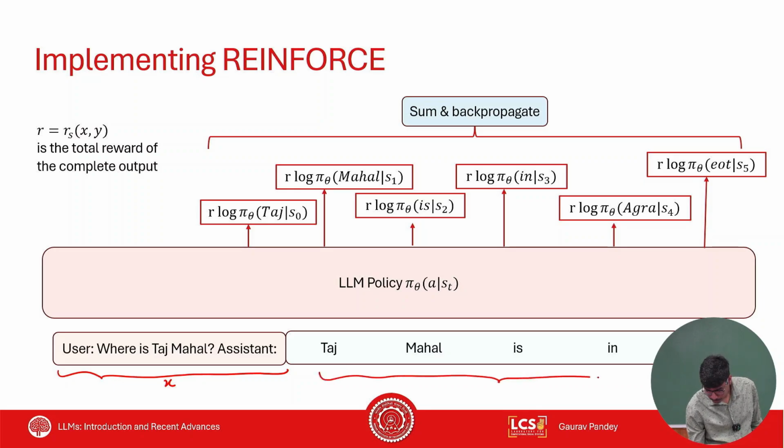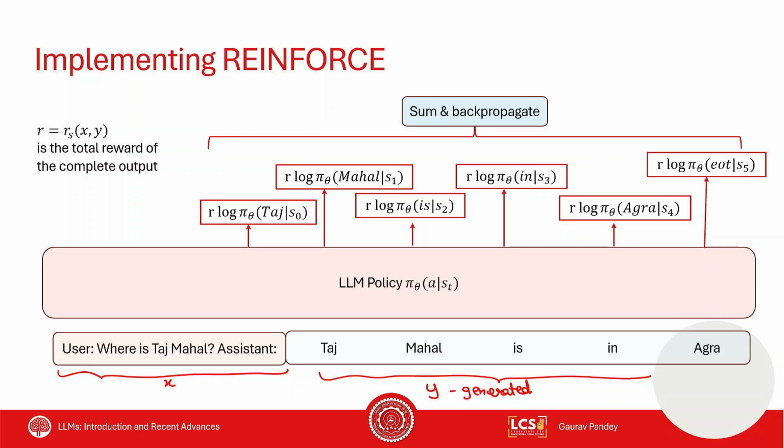So you generate the first token conditioned on the user prompt. The weight that the first token will get is the reward of the complete output. Similarly for each token here, and I have not written the gradient here, I just directly wrote the log probability.